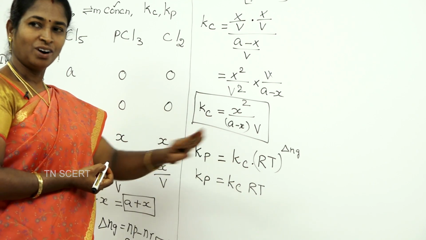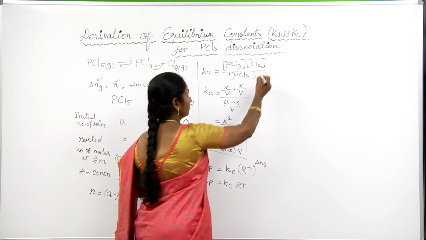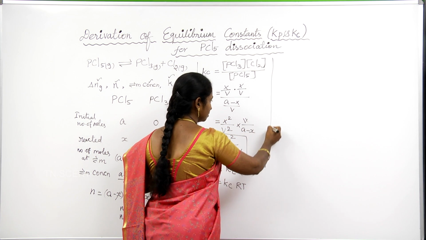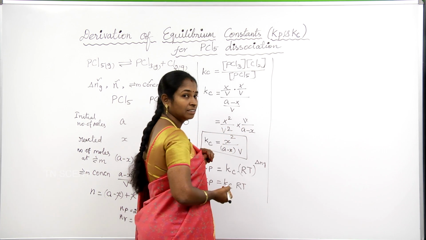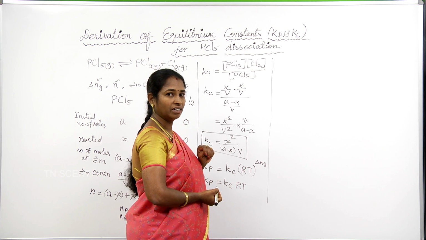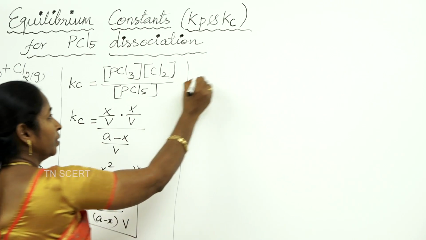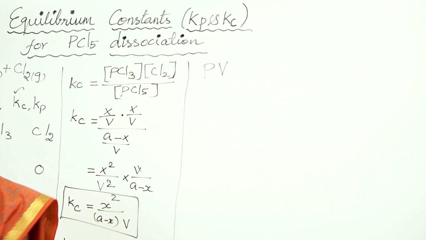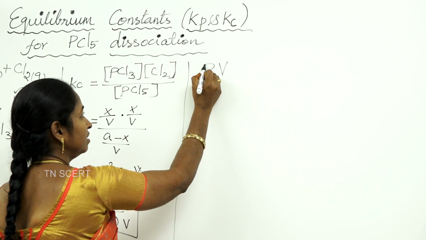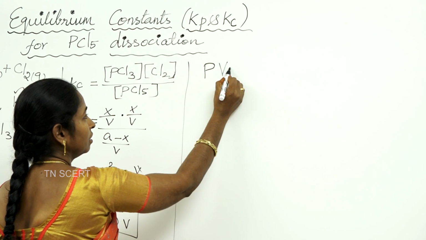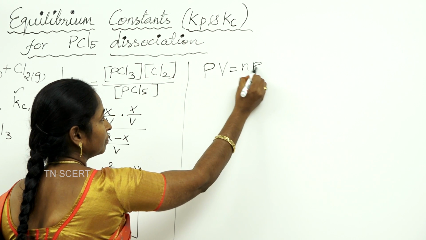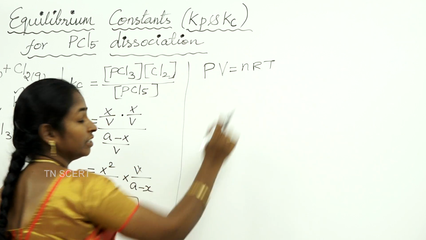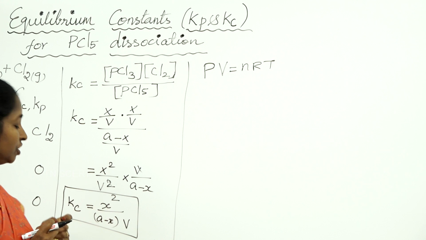What is the value of RT? For this, you have to consider the ideal gas equation. You know PV equal to nRT is the ideal gas equation.